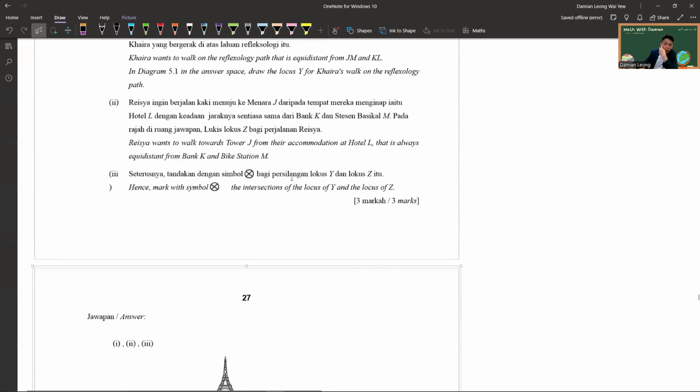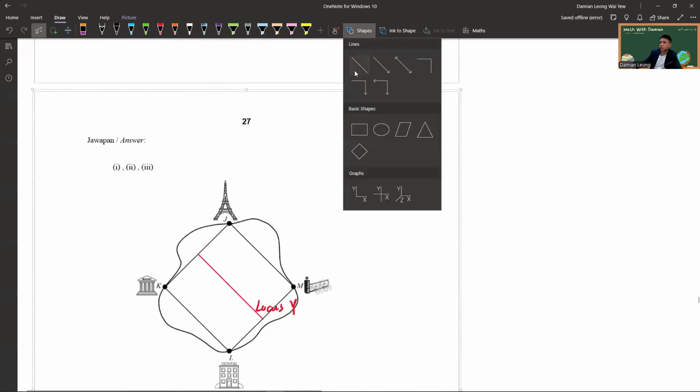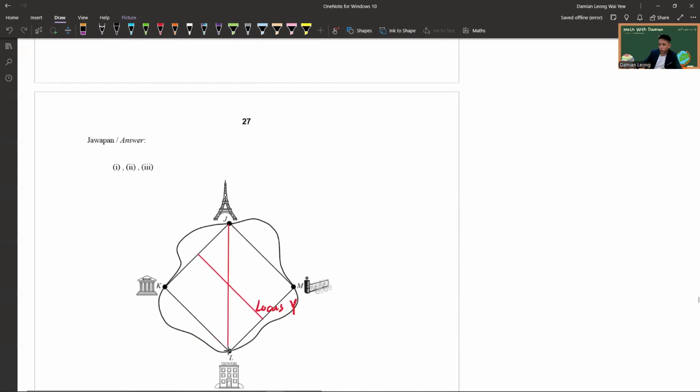Oh yeah, correct. Then J to L, equidistant from K and M, means it's just a straight line going from J to L. That would be equidistant from K and M. So this is locus Z.